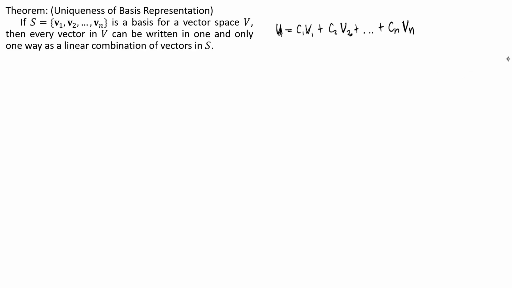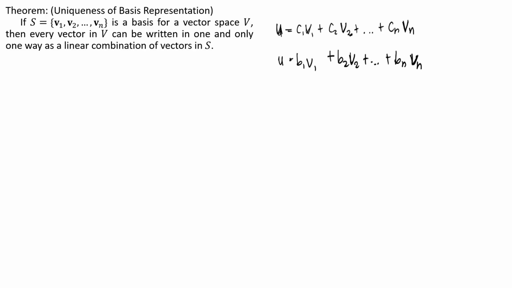Now, to prove the uniqueness of representation, we suppose that u has another representation, say u is equal to k sub 1 v sub 1 plus k sub 2 v sub 2 plus, and so on, plus k sub n v sub n.